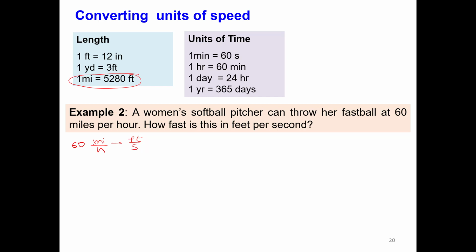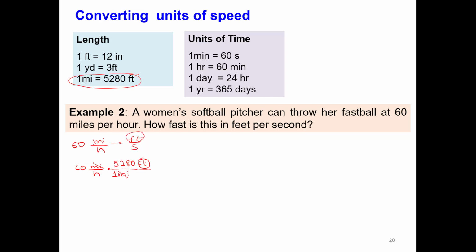Let's do it. 60 miles per hour, and let's start with the distance units. We need to write it in a way that the miles cancel out. Then it will be 1 mile to 5,280 feet, and the miles cancel out, and we have feet, which is what we want.